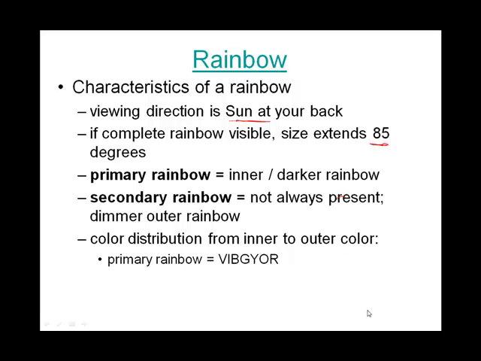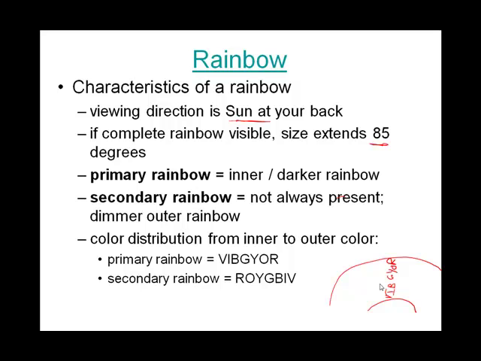My arching rainbow: I have the sun to my back, and there must be some sort of liquid water droplets giving me a rainbow in the other horizon. So from inner to outer, it goes like this. The shortest wavelength here, violet, indigo, blue, green, yellow, orange, red. So the longest wavelength is on the outside.